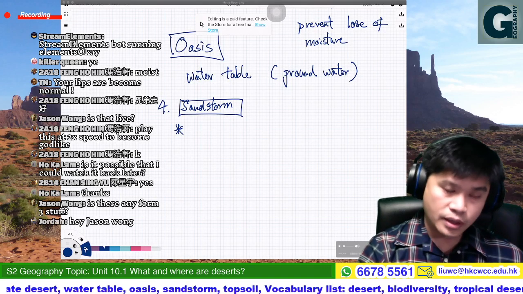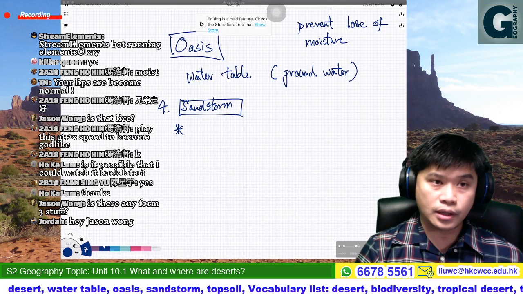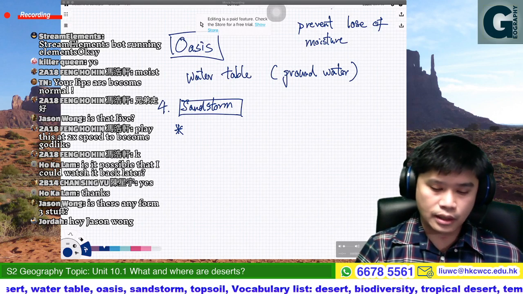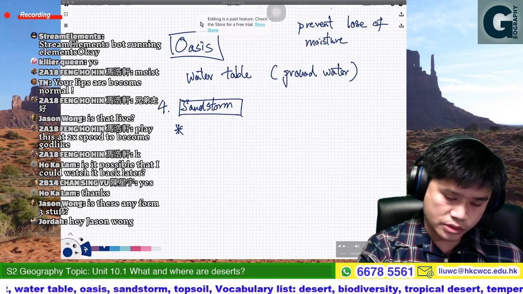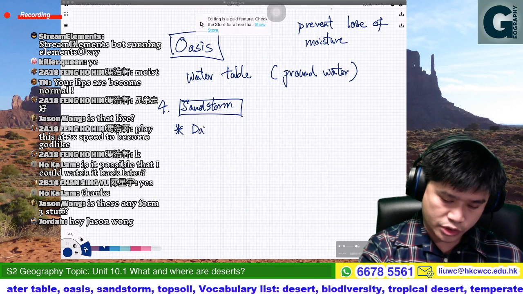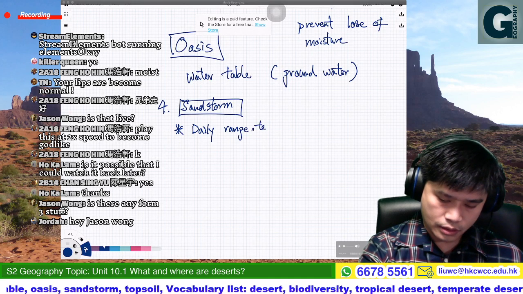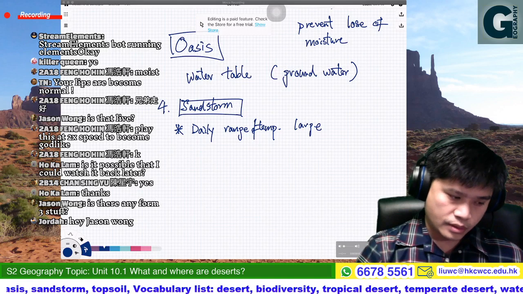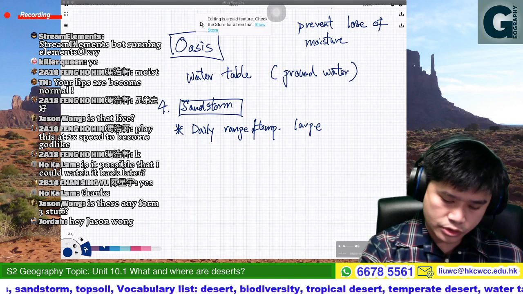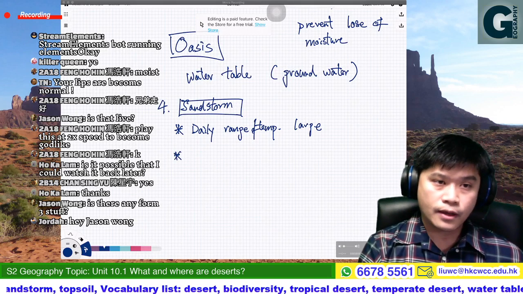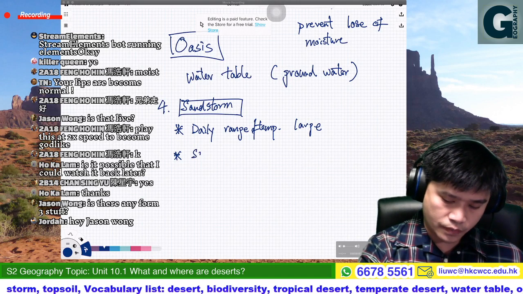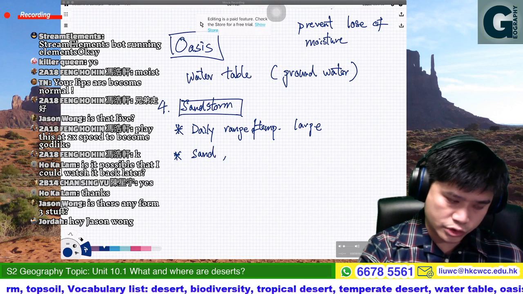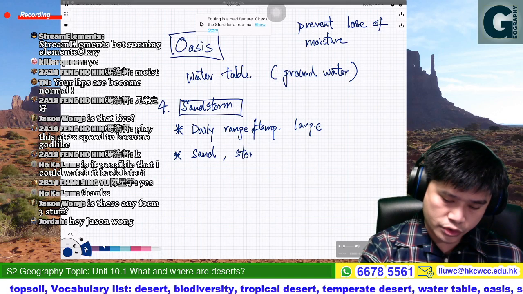Why would sandstorms be common in the desert? It is because the daily range of temperature in the desert is large, together with the surface material, which sometimes is sand or small stones.